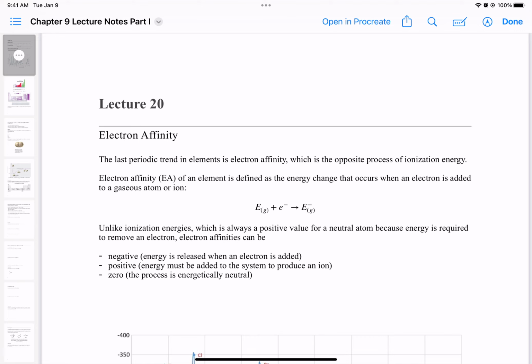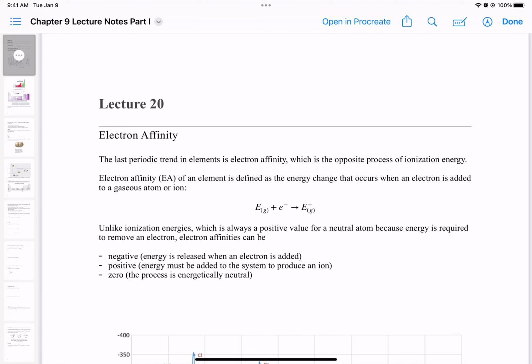So electron affinity, or EA, is the opposite process of ionization energy, because in this sense you're losing energy. So basically, it's like forming a bond, right? You gain an electron, you're going to release some energy, and that's going to be a spontaneous result.